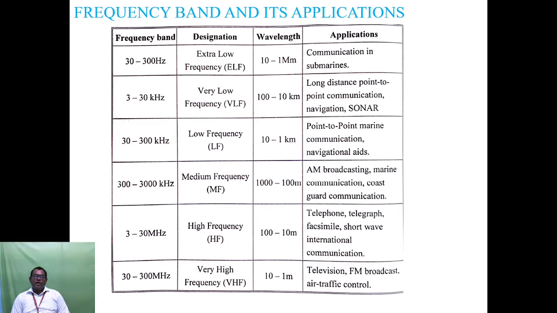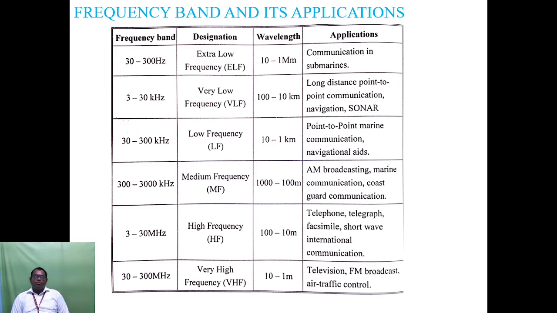The frequency band 300 to 3000 kilohertz is called medium frequency, the wavelength is 1000 to 100 meters, and it is used in AM broadcasting, marine communication and coast guard communication.